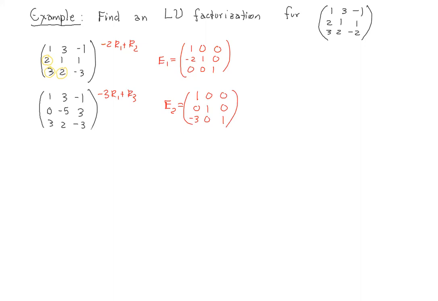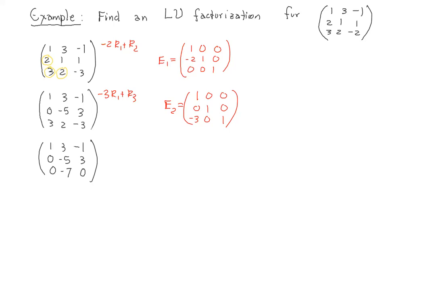So what becomes of it? 1, 3, -1; 0, -5, 3; and then we get 0, -7, and this becomes 0. And it's not a problem that it becomes 0. I mean, you can have this kind of situation.